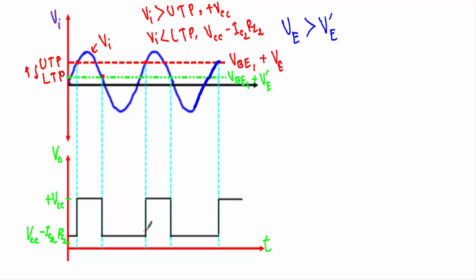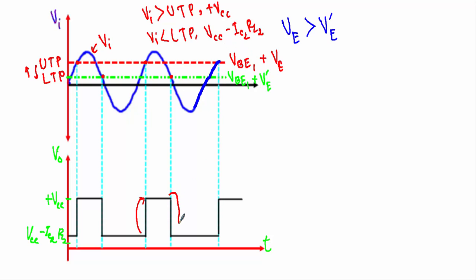See, at this point it will have a transition from this level to this level, and our reference level will now again shift from UTP to LTP. That means this will be our reference voltage. As long as the input voltage is greater than this LTP, our output voltage will be at plus VCC, and you will see that at this point our input voltage is crossing this LTP. When the input voltage is less than the LTP, our output voltage will be equal to VCC minus IC2 RL2.